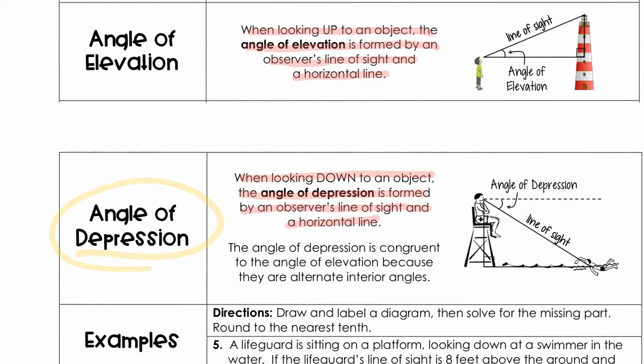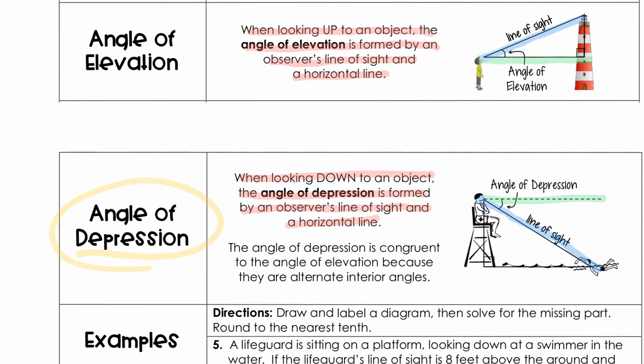So now, we're still taking into effect an observer's line of sight, which is represented in blue in both of these illustrations. Notice that in angle of elevation, the little boy is looking up to the top of the lighthouse. In angle of depression, the lifeguard is now looking down to the swimmer.